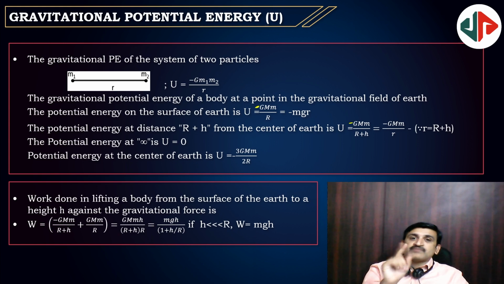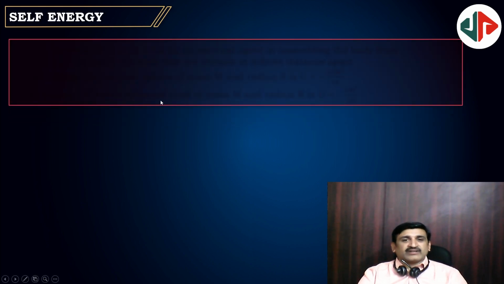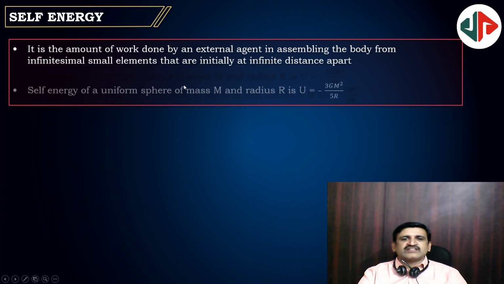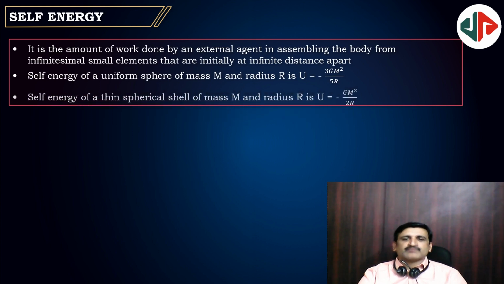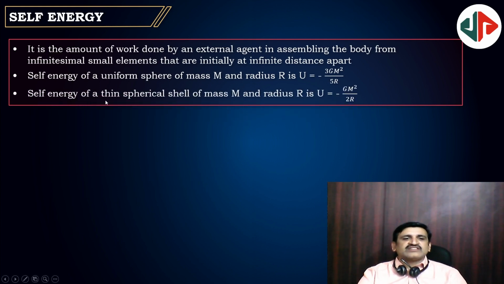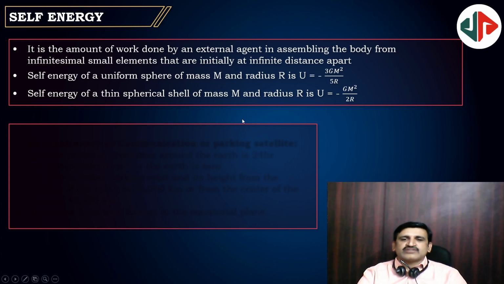Otherwise, you have to write mgh by 1 plus h by R. Remember, in 8th class we teach small things, but here you are going to learn the real things. Self-energy of a massive system: the self-energy of a sphere is minus 3GM square by 5R, and the self-energy of a thin spherical shell is minus GM square by 2R, because mass into mass is itself, so M square will come.